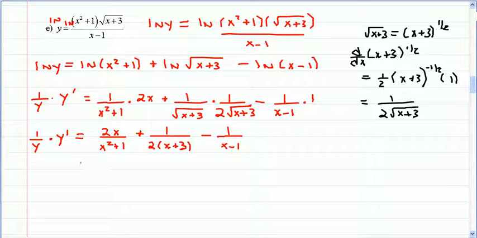Since we're taking the derivative of this with respect to x, we're looking to find y prime. So I have to get rid of this y. To get rid of the y, I want to multiply both sides of the equation by y, and these cancel.